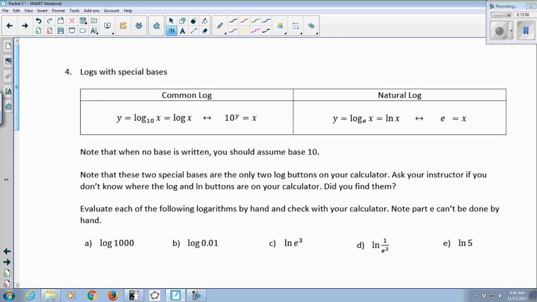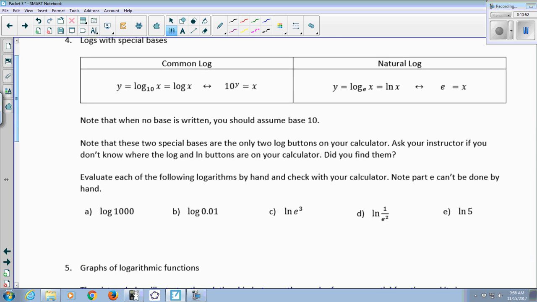So logs with special bases. We have the common log, which is log base 10. So whenever you don't see a base written, there's a little invisible 10 there. And then the natural log is log base e. So in the previous activities, we just kept writing log base e, but the shorthand for that is ln of x. It stands for log naturel, which is the way you would say that in French, the natural log.